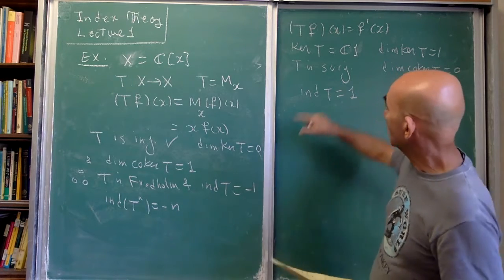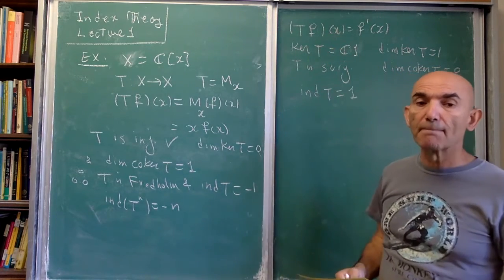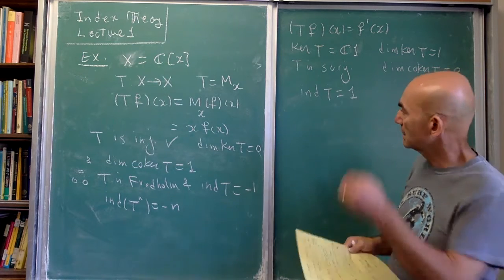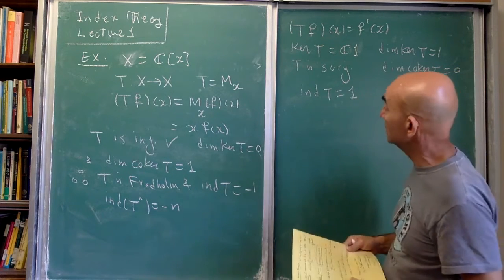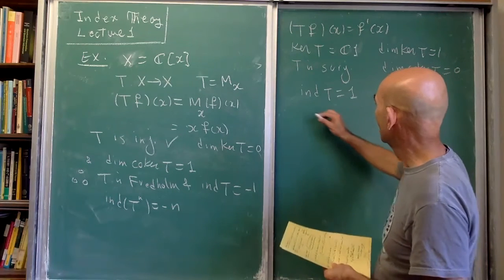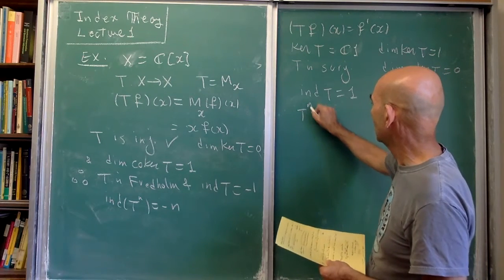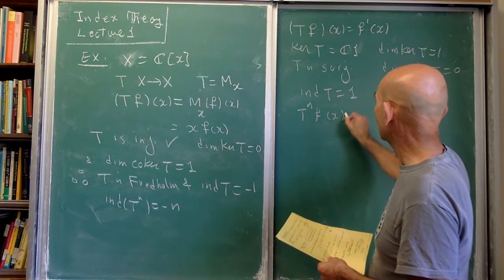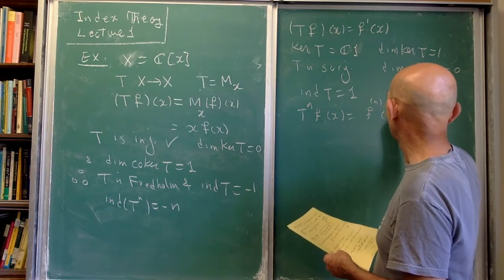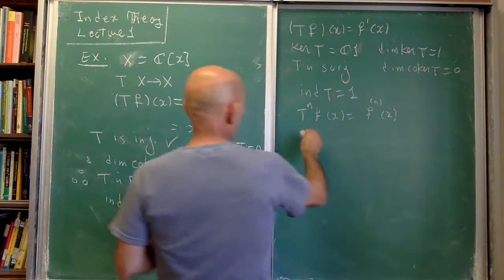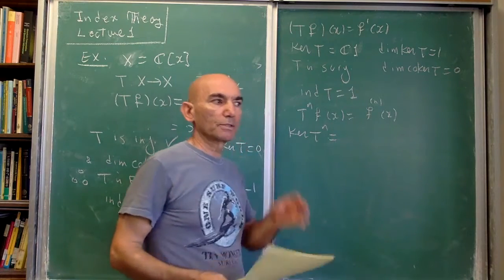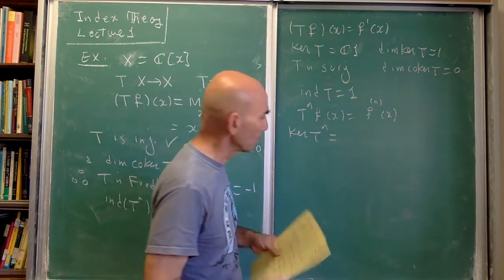Now, like in this case, you can iterate this process n times. And once you do that, you're going to get an operator whose index is n, where n is a non-negative integer. So T^n f(x) is equal to the nth derivative of f(x). Obviously, the kernel of T^n is just polynomials of degree at most n minus 1, right?